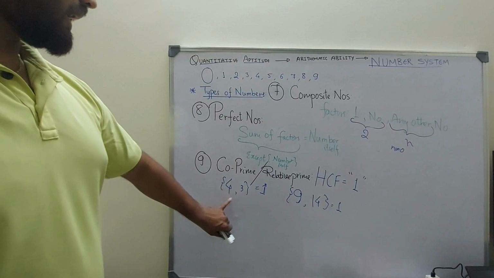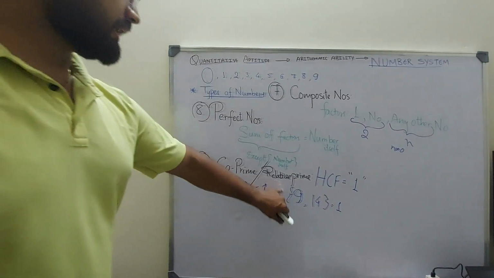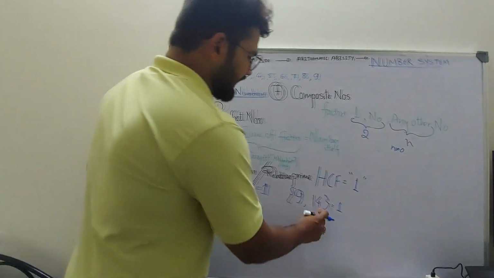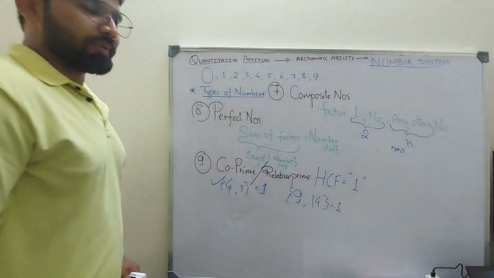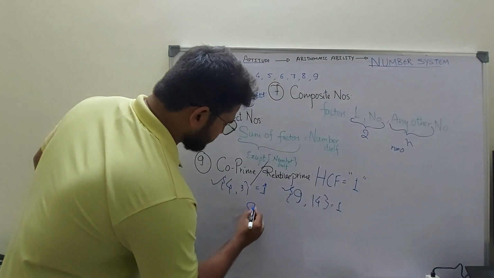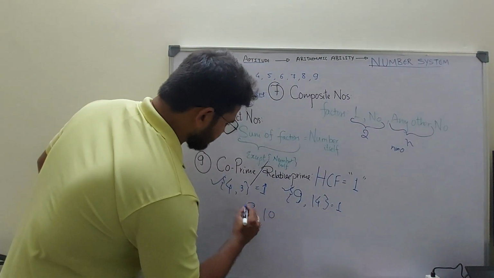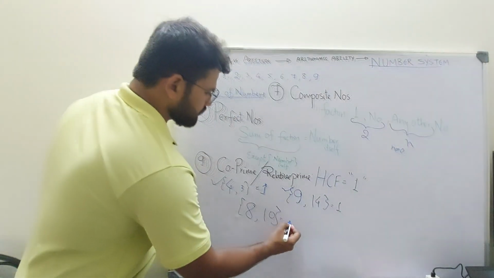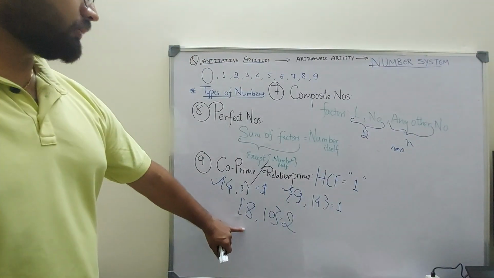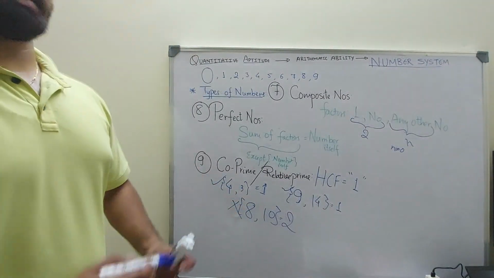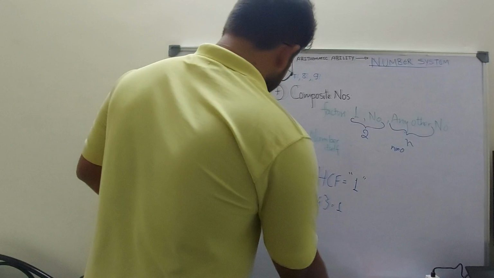So, are 4 and 3 co-prime or relatively prime? Yes, it is. Are 9 and 14 relatively prime or co-prime? Yes, because HCF is 1, right? Similarly, if you consider another example, 8 and 10. What is the HCF? It's 2. Are they co-prime? Not at all, because we want 1 to be the HCF. I hope this is clear.